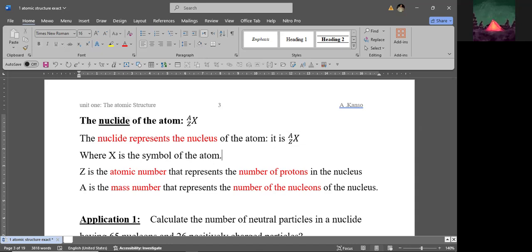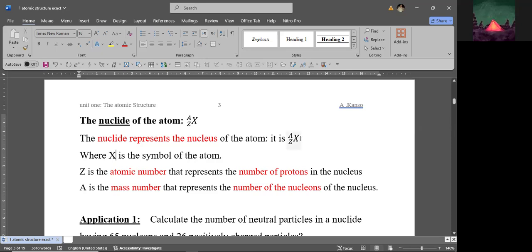All the atoms that exist naturally in this world, or the atoms that are artificially made, whether they are natural or artificial, must have a symbol. The symbol is represented by X. As we say, the carbon symbol is C, the oxygen symbol is O, okay? Where Z is the atomic number that represents the number of protons.